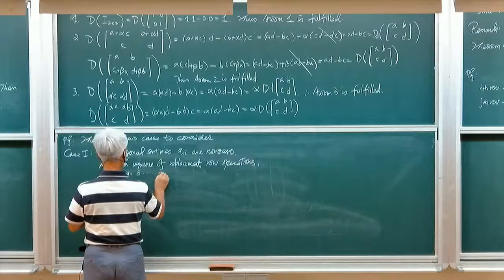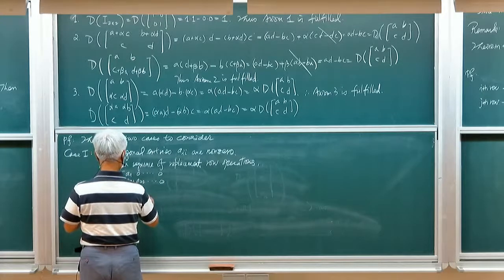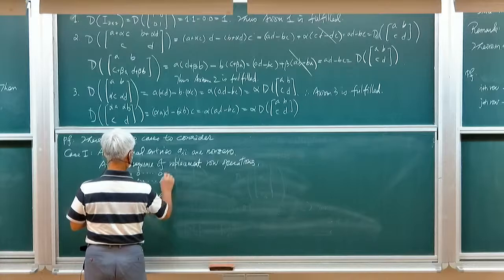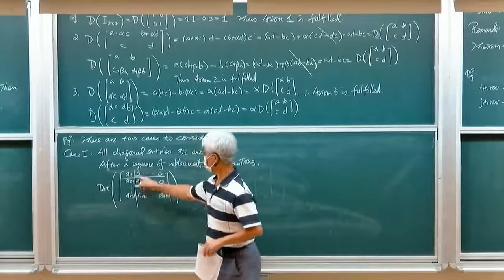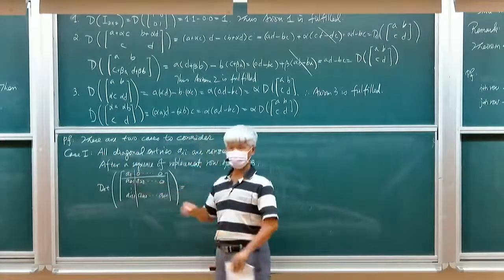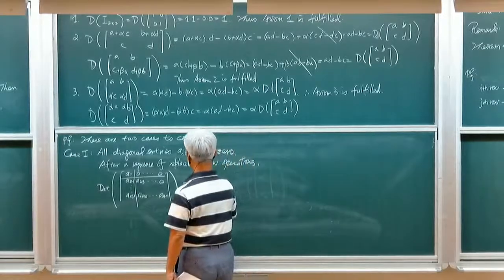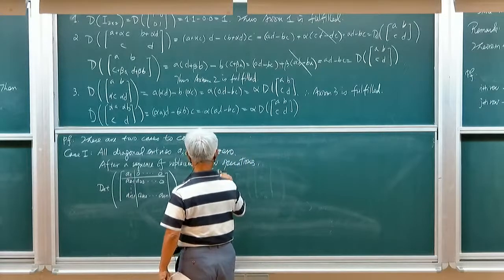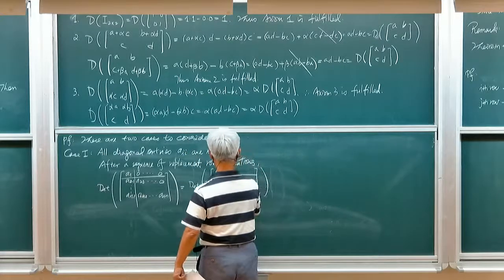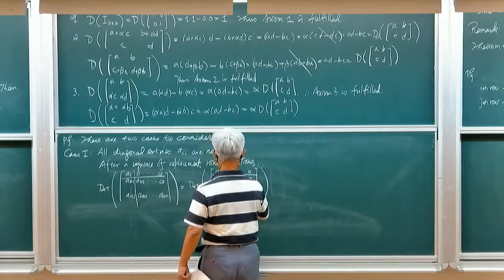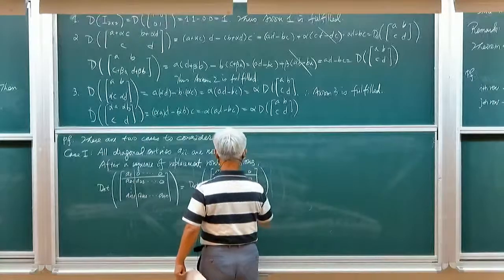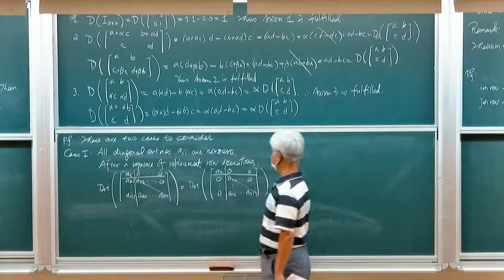A11, 0, A21, A22. Right, so now by replacement row operations, you end up with A11, 0, okay, you get here.